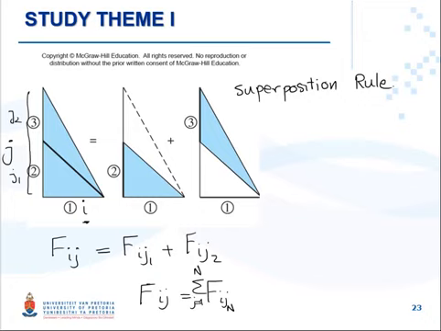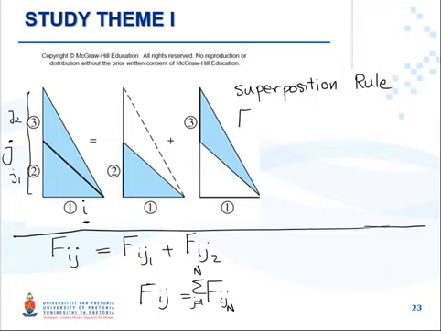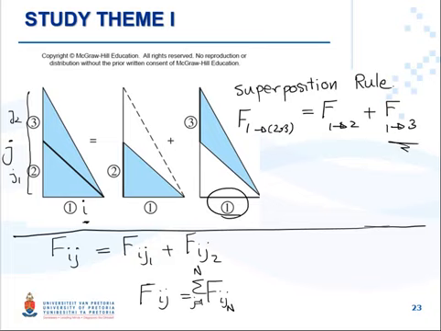Let's look at the example that we are dealing with. If we apply this superposition rule to this figure, we can say that F1 to (2,3), both surfaces, is equal to F1 to 2 plus F1 to 3. If you look at the picture, F1 to 3 cannot be calculated from any standard chart or table.